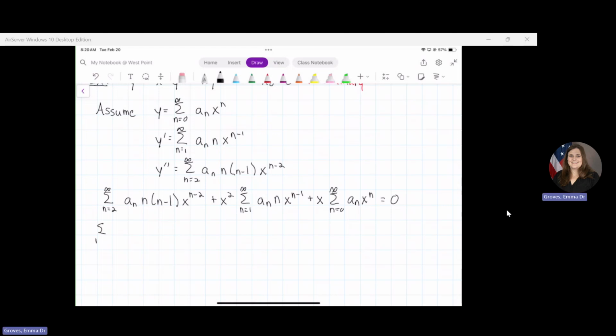So I've got the sum from n equals 2 to infinity of a_(n-1) x^(n-2), plus the sum n equals 1 to infinity of a_n x^(n+1), plus the sum n equals 0 to infinity of a_n x^(n+1), equal to 0.